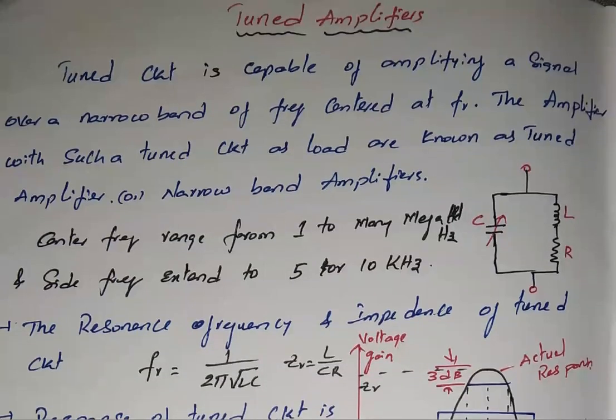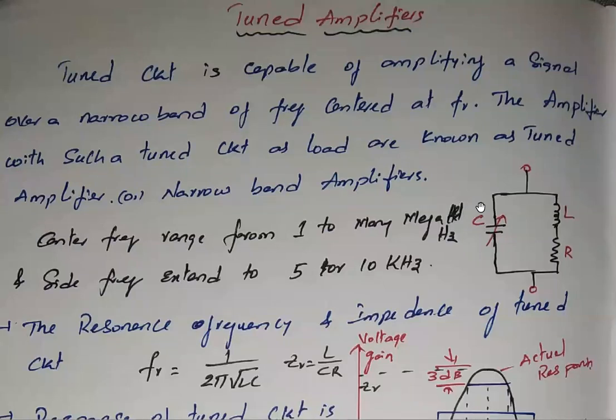Okay. Tuned circuit. What is a tuned circuit? RLC, which is called a tank circuit. We call this a tuned circuit. The tuned circuit is capable of amplifying signals over a narrow band of frequency around the center frequency FR.